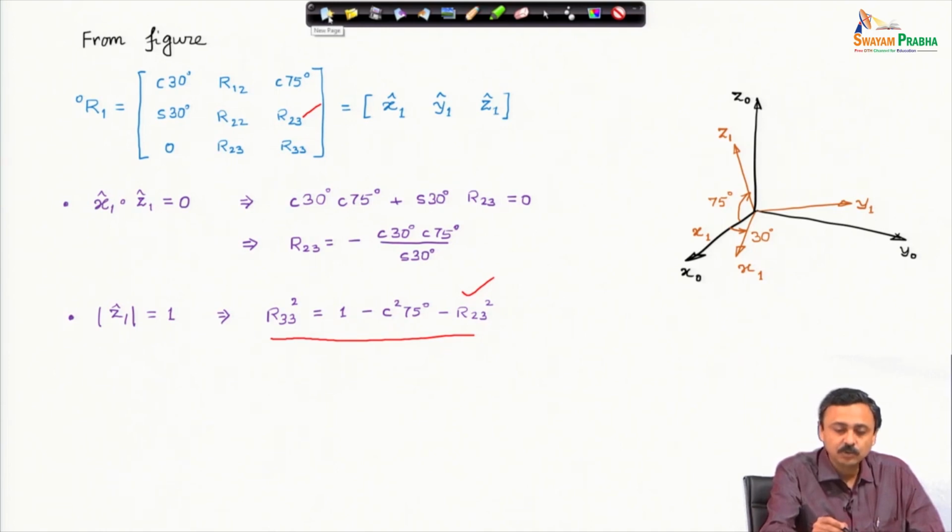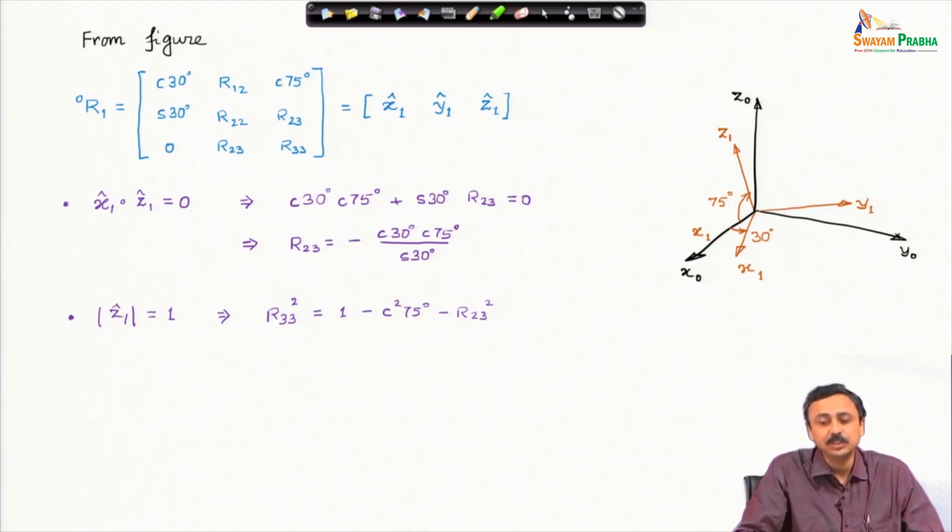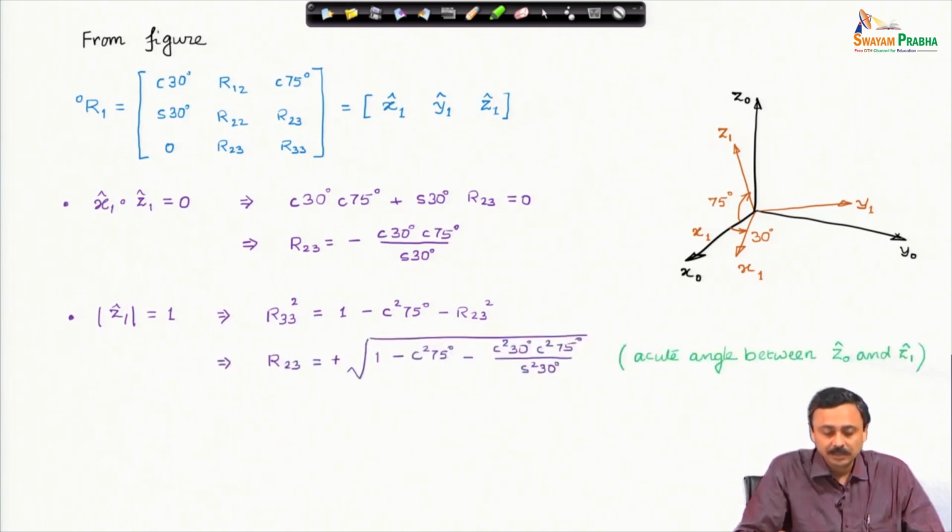Now, how do I choose that plus minus? I will choose it from this figure. What is r 33? R 33 is the projection of, or the cosine of the angle between z1 and z0, and as per this figure it is an acute angle, therefore, I will take the positive sign.